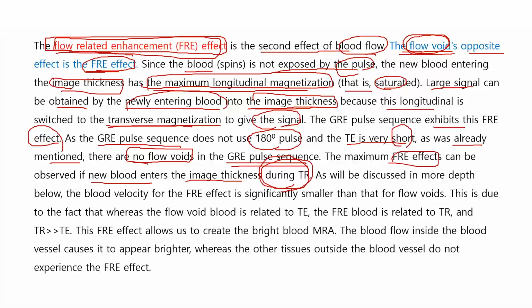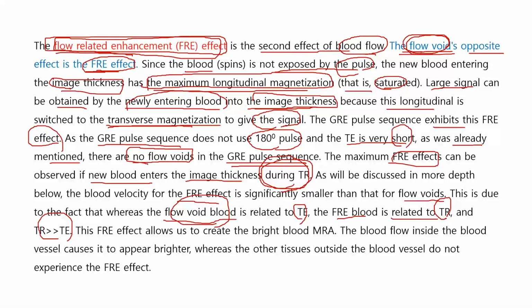As will be discussed in more depth below, the blood velocity for the FRE effects is significantly smaller than that for flow void. This is due to the fact that whereas flow void is related to TE, the FRE is related to TR, and TR is much larger than TE.